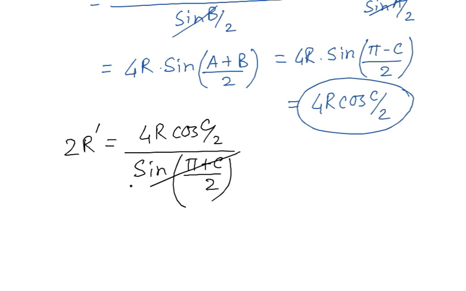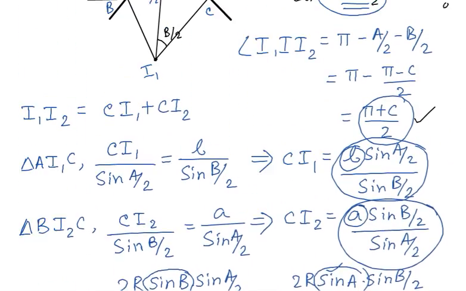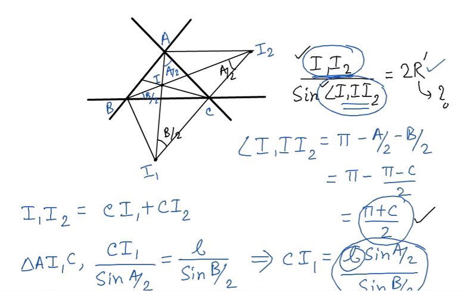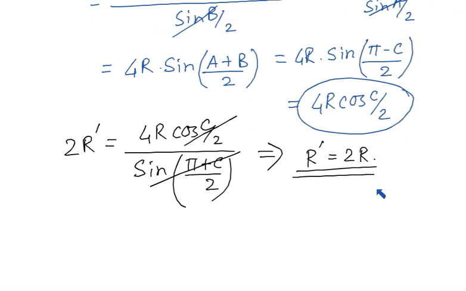So now we can see that sine pi plus C by 2 and cos C by 2 can be cancelled out. That will give us r dash equal to 2r. Okay, so we can see that the circumradius of the triangle I1 A I2, that is a triangle joined by incentre and the two excentre, is double that of the circumradius of the triangle ABC. So r dash equal to 2r.